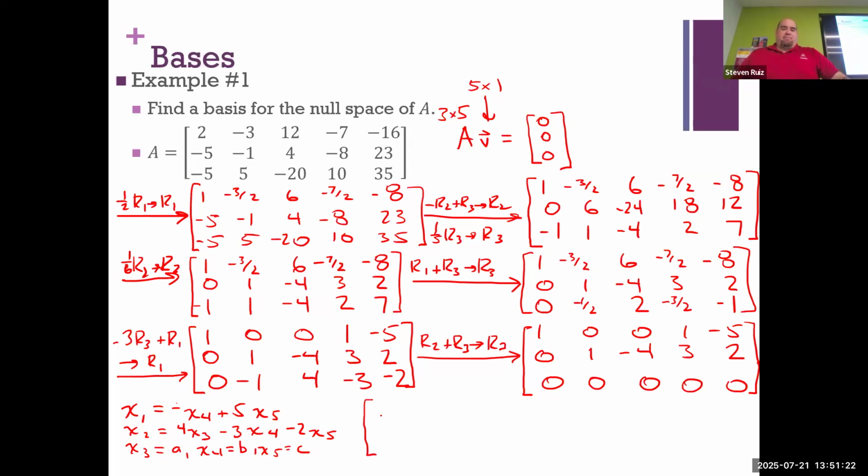If you write these as parameters, I could basically do this. This vector, x1 all the way down through x5, is equal to what?